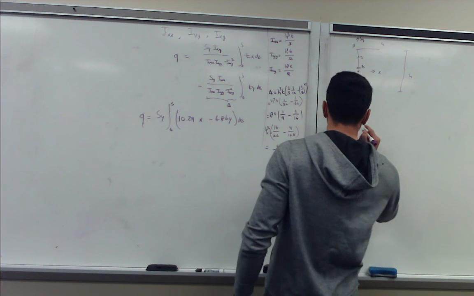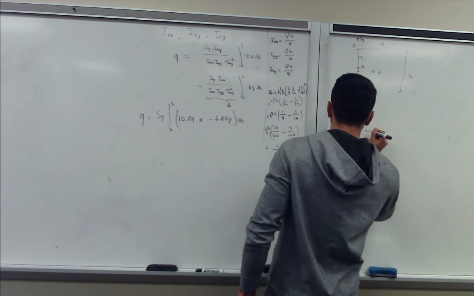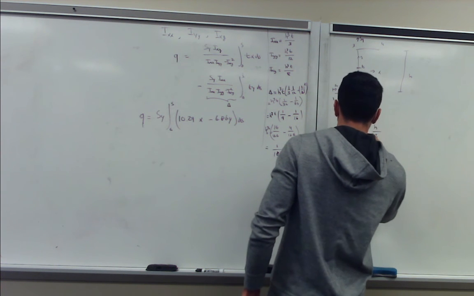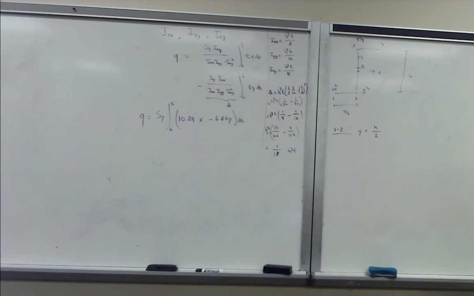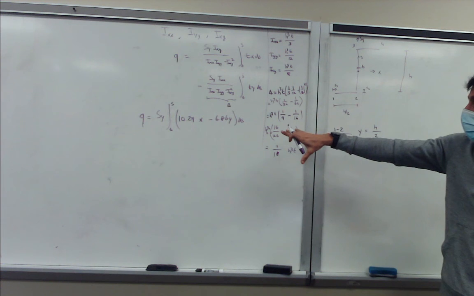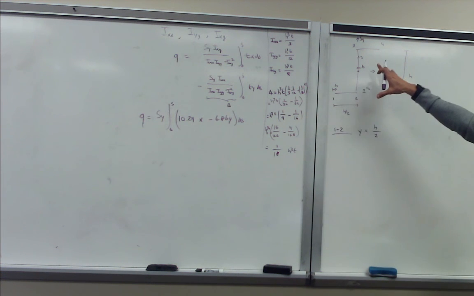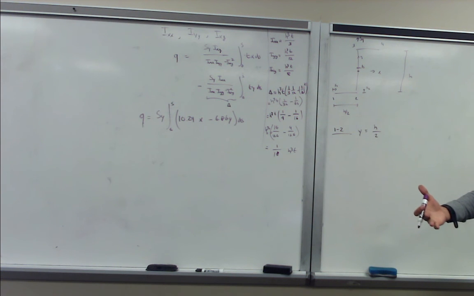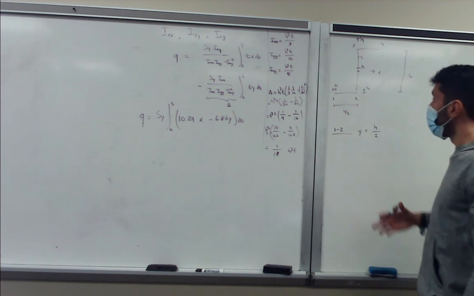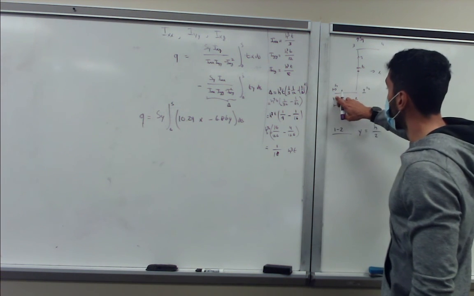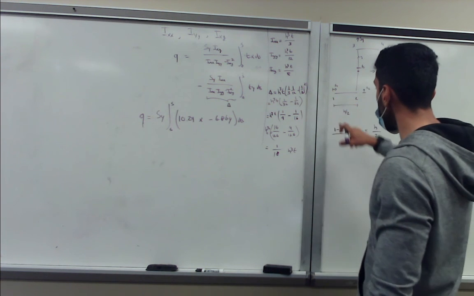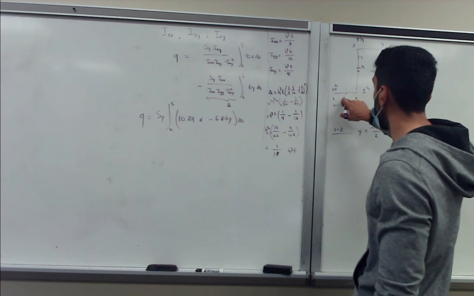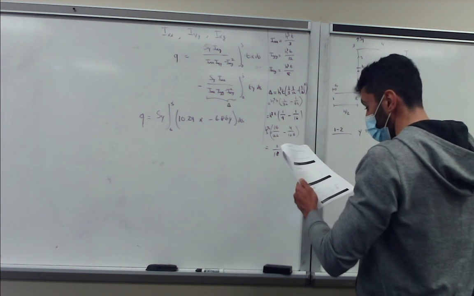So in this case, from 1 to 2, y is equal to negative h over 2. Keep in mind that these x and y locations on your cross sections are with respect to the centroidal axis of that cross section. So here the y location remains at negative h/2.